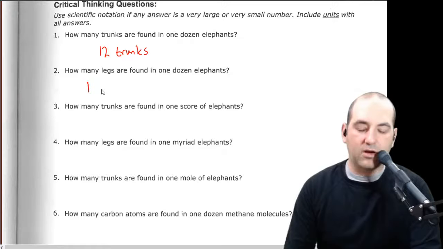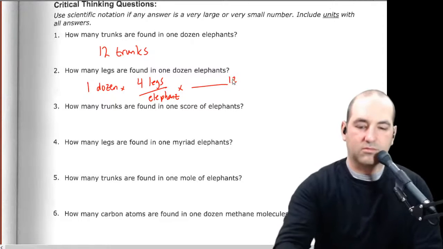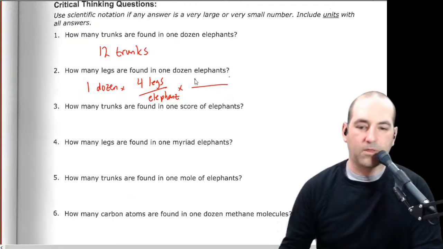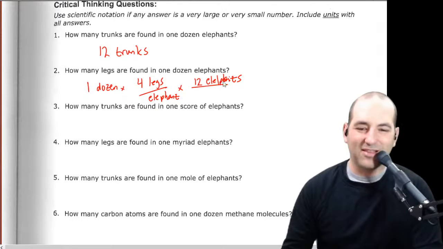Well, you've got 1 dozen times 4 legs per elephant times, whoops, 12. I spelled that wrong. All right, you know what I'm writing here. Elephants. 12 elephants per dozen.